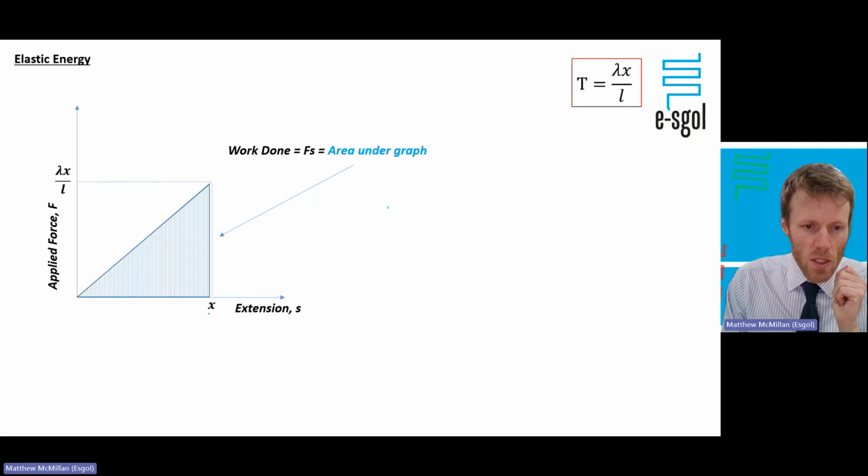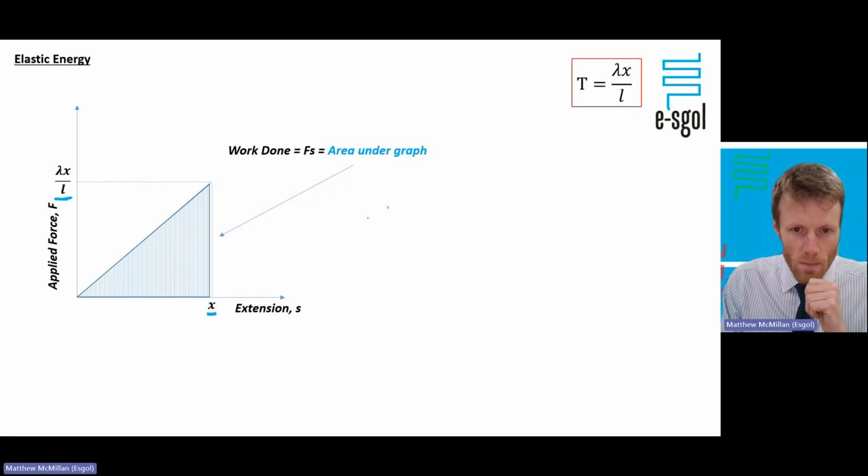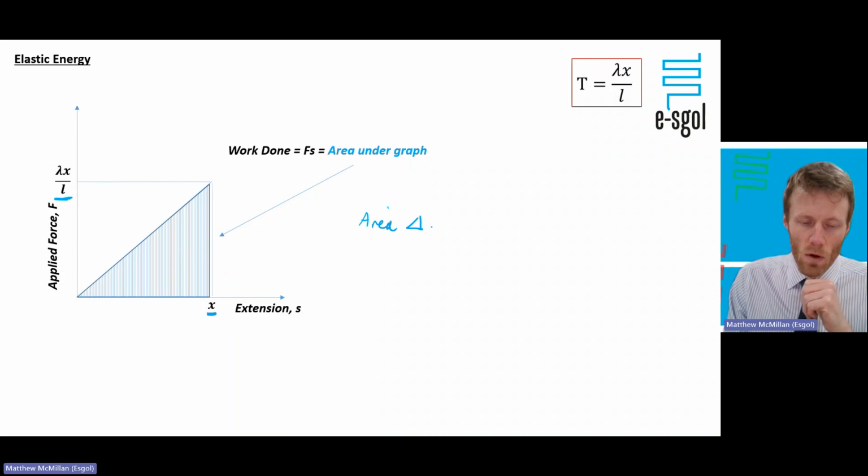If our extension is x, and the applied force obeying Hooke's law is lambda x over L, we can find the area of the triangle, and that should tell us what the elastic energy is, because we are doing work against that elastic energy.